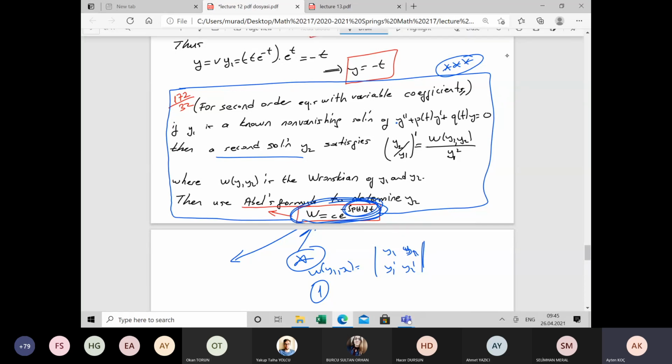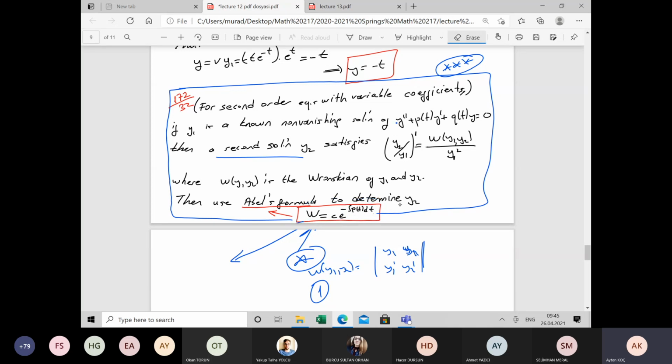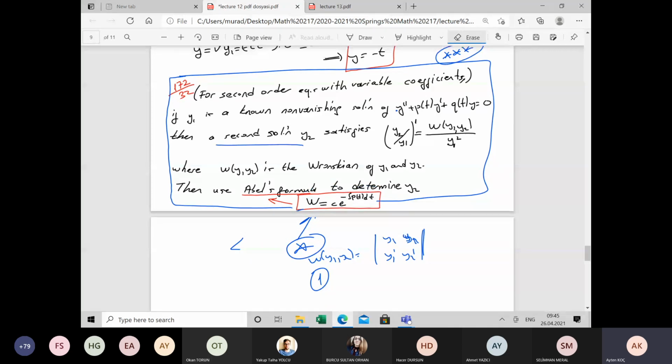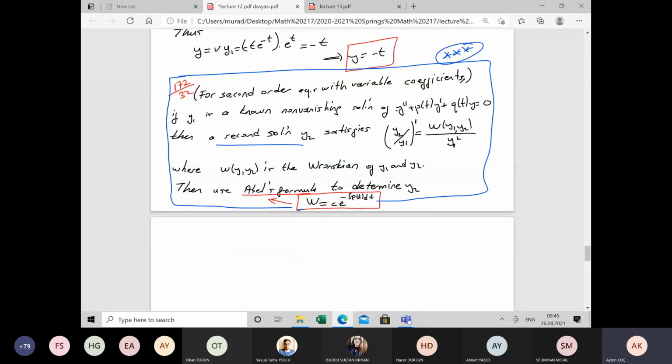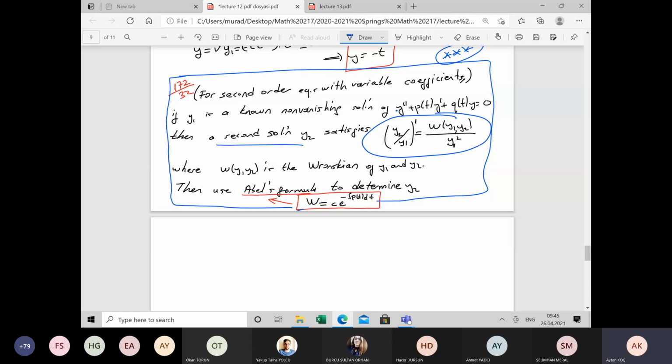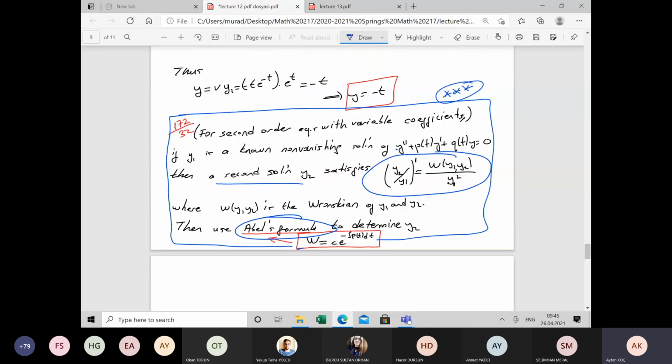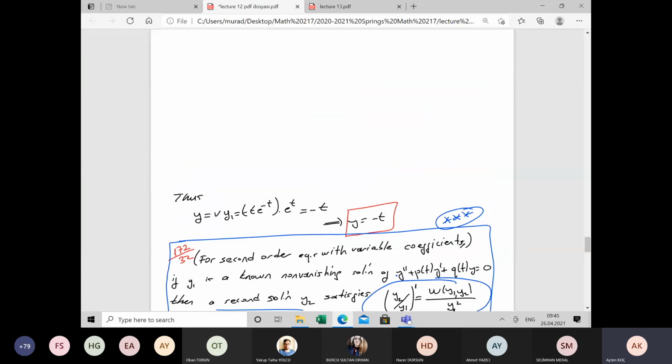Let's come back to our question. In the solution, use this formula and Abel's formula to get the second solution of our differential equation.